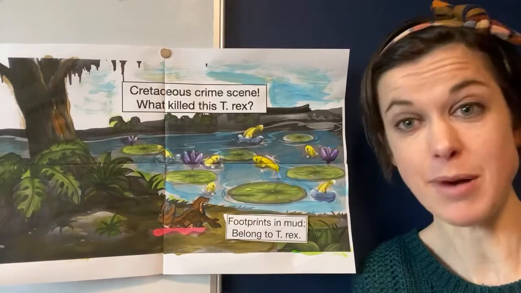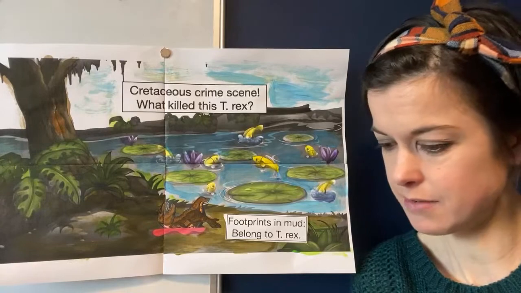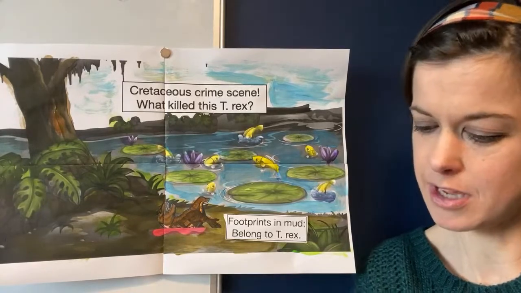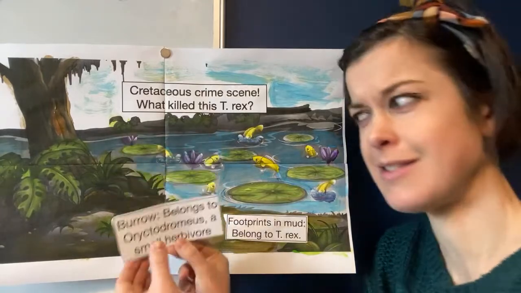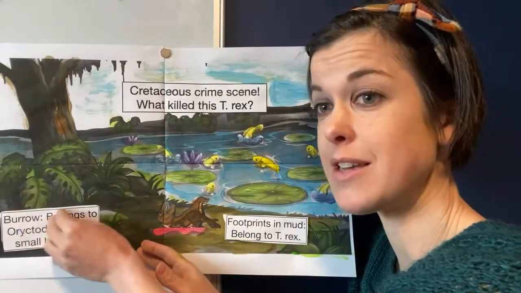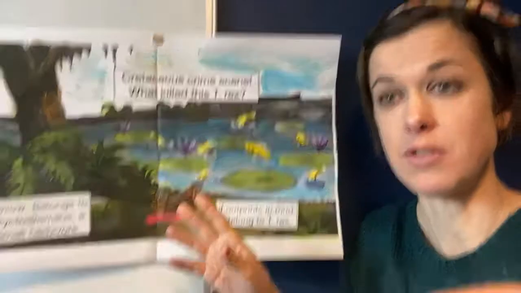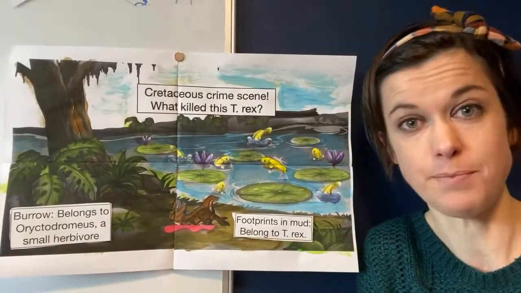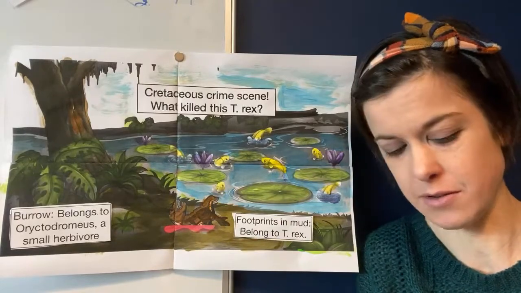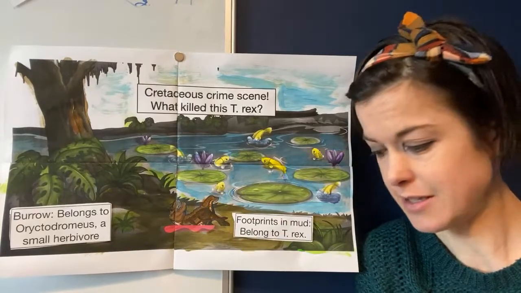There is a burrow in the mud under the tree belonging to Oryctodromeus, which is the only burrowing dinosaur that we know of. But we know of that because we found a trace fossil of its burrow. It's obviously the burrow itself, not a body fossil, not a bit of that dinosaur, but definitely evidence that it existed.